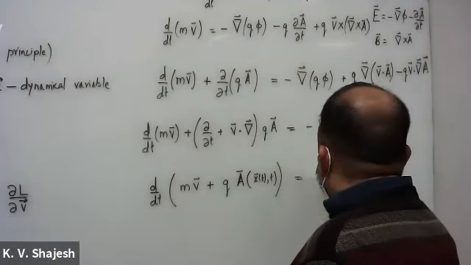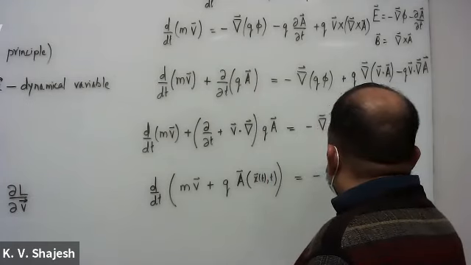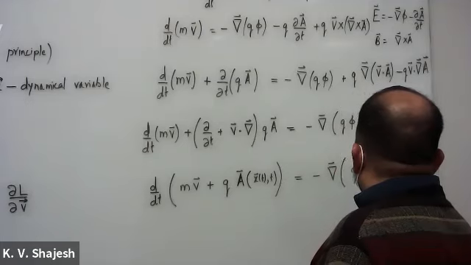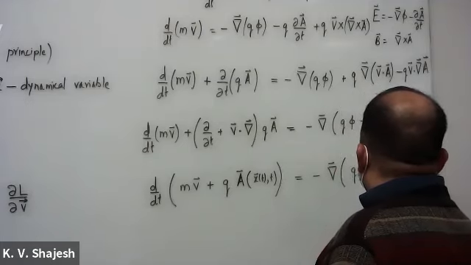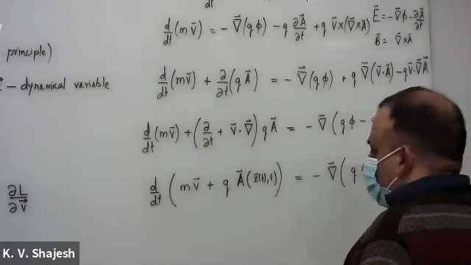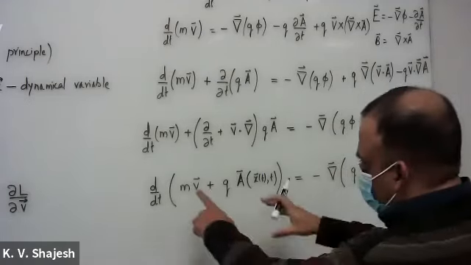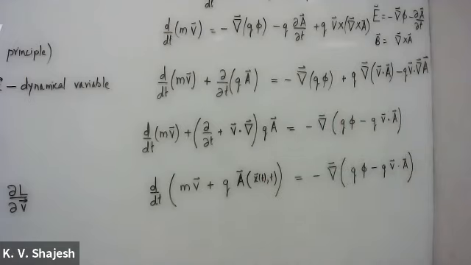So that's equal to negative gradient of q times phi. Of course, the idea is that this will become the energy, this will become the momentum, but let's go slow. If we were to compare this with the Euler-Lagrange equation, we get two things.